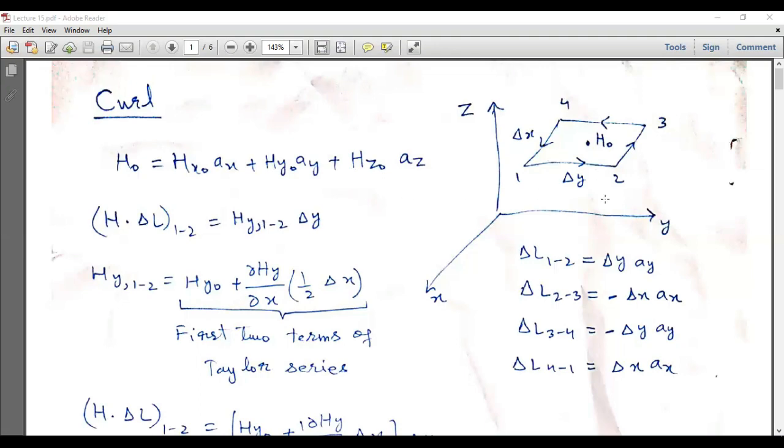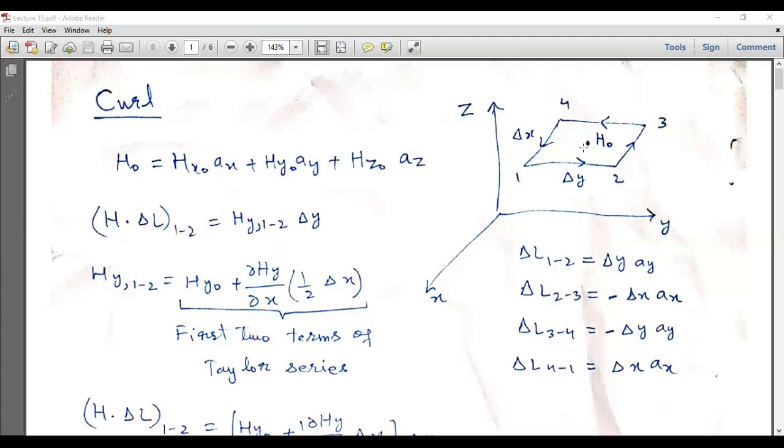So H will have only y component because this path is along the y axis, so Hy from 1 to 2 multiplied by delta y, and Hy from 1 to 2 will be equal to, so here we have the y component of magnetic field intensity as Hy naught, right? So the y component of magnetic field intensity at this point is Hy naught.